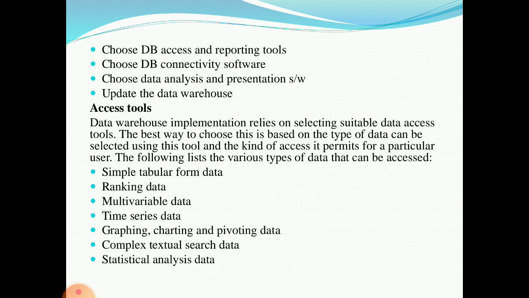More than one variable will be there, and we have to display it. There will be time series analysis or time series data, and graphing, charting, pivoting, and data visualization. It may be in the form of a graph, chart, visualization, or pivoting tables. It will be displayed by using some access tools.